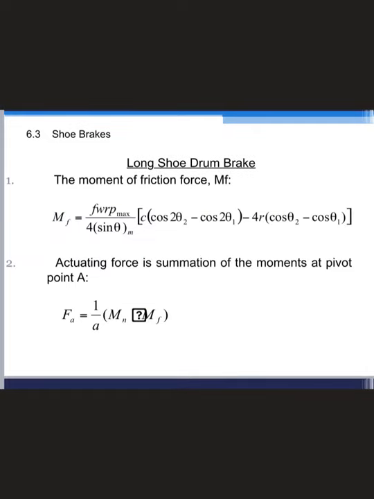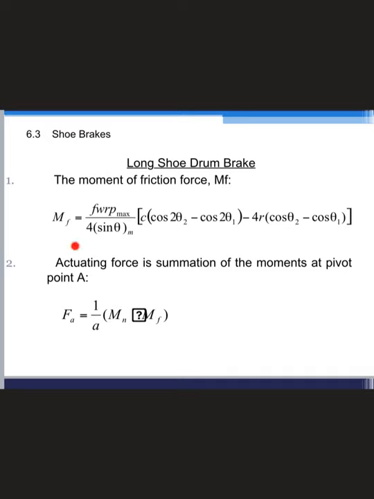Next, due to the friction that occurs between the long shoe and the drum, there is a moment of friction force, MF. This is the equation of the moment of friction force. We just use it, and you can get this equation from the booklet.